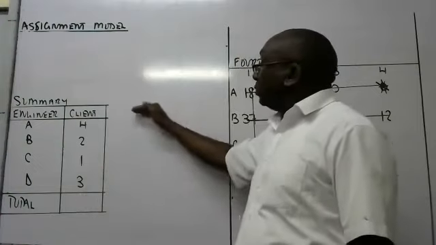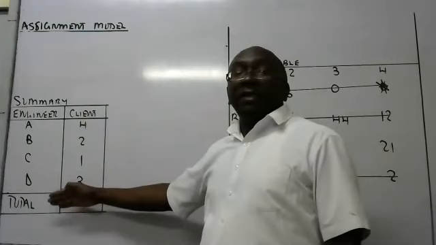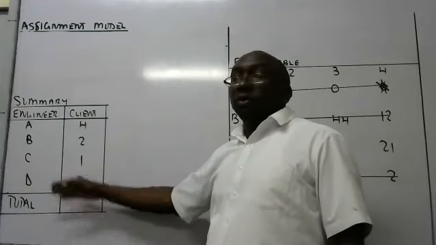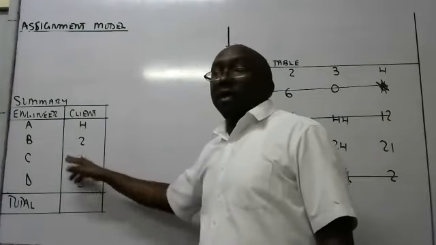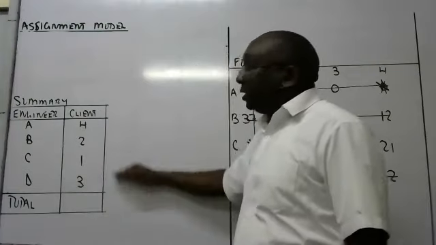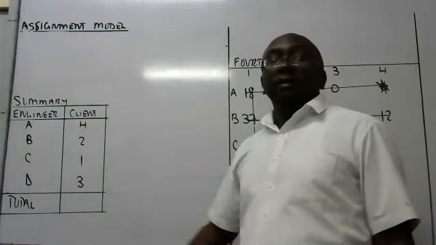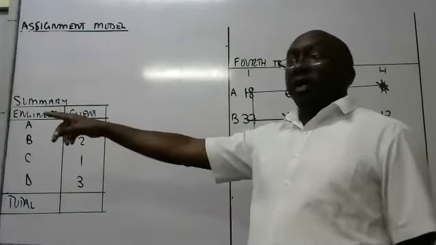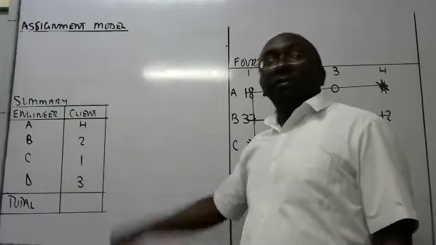Lakini the public hawaonyeshi. In a school like this one, hii yetu huwa tunaita time. Ukikuja Monday morning unaangalia Kimani yako wapi, Wafula yako wapi, wengine wako wapi. Lakini hawatuonyeshi hii ya cost. So wewe unajua niko wapi lakini hujui nitalipa pesa ngapi. Lakini accountant, ukienda kwa accountant anajua niko class gani na nikimaliza hiyo class pesa ni ngapi.